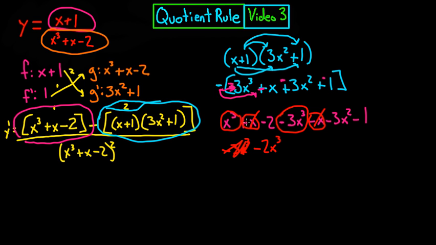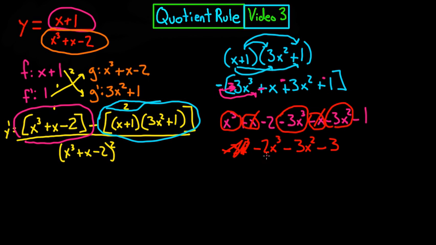Okay. So then your positive x and your negative x, they cancel out, and then you're going to be left with a negative 3x squared minus 3. So you've got your negative 2 over here, and you've got your negative 1.